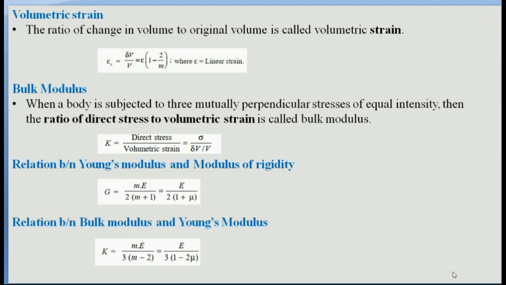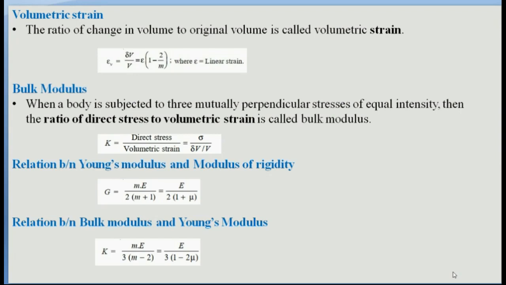From the biaxial and triaxial state of stress, we will directly find out the volumetric strain, which is equal to delta V by V, where delta V is the change in volume, which can be found out by multiplying the original volume with the volumetric strain.